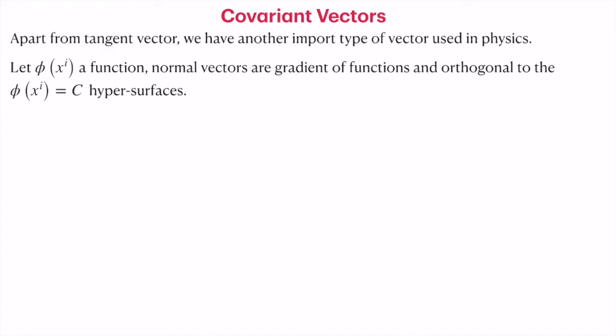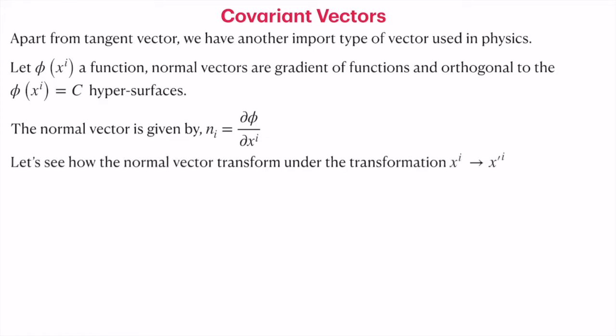If you have a function phi of x in your space of n dimensions, then you can have a gradient or normal vector, defined as n i equal to d phi by dx i. This vector is called the normal vector, because it is orthogonal to the phi of x i equal to constant hypersurface.